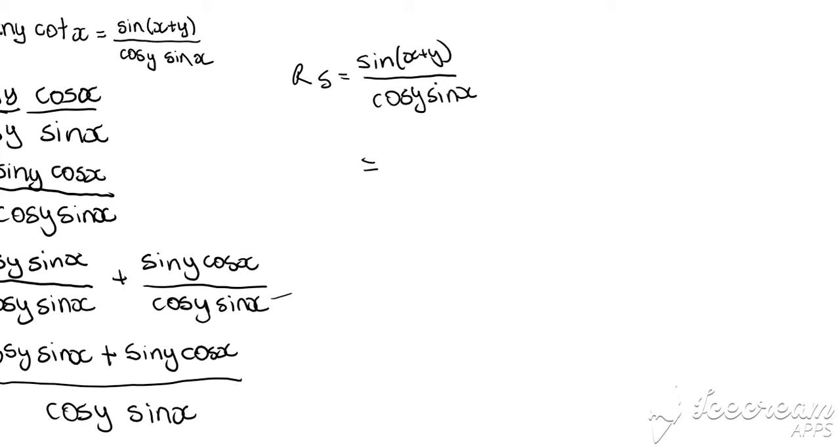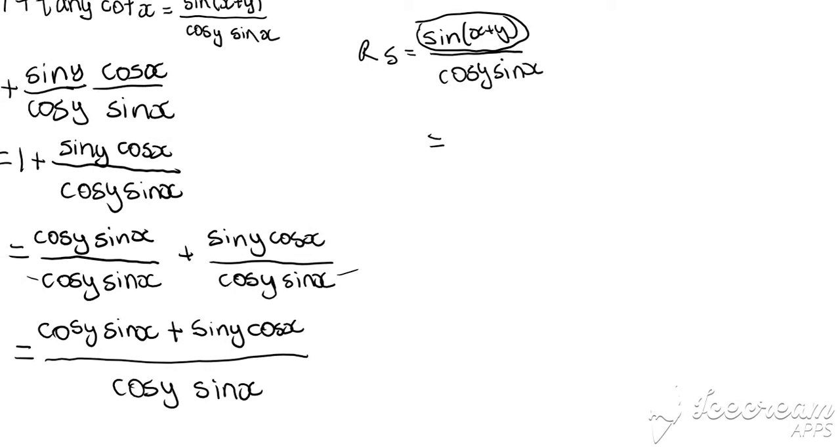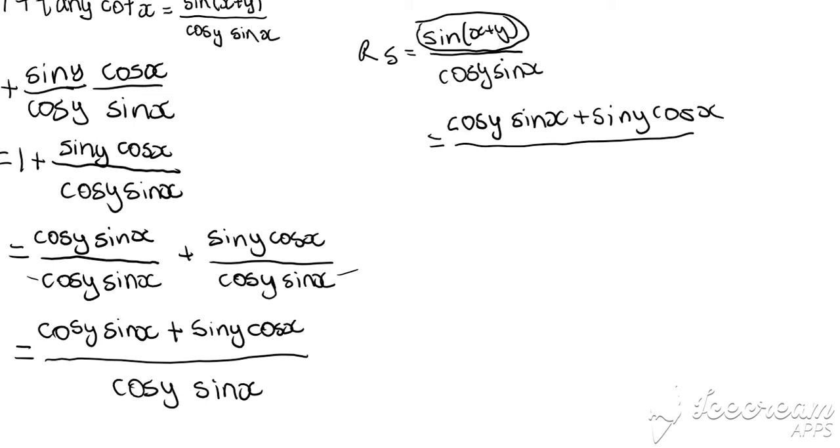Now, because of this, the formula that we use with sine, we know that to expand this, it actually expands out to cosine y times sine x plus sine y times cosine x, putting it over the denominator that we had as well, cosine y times sine x.